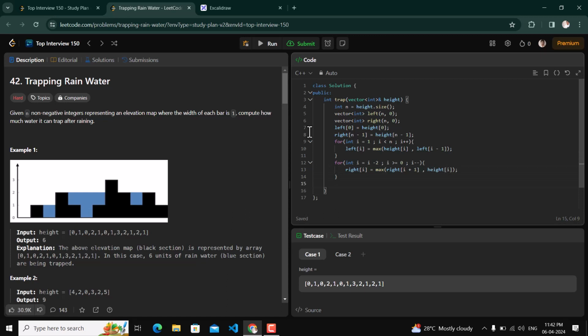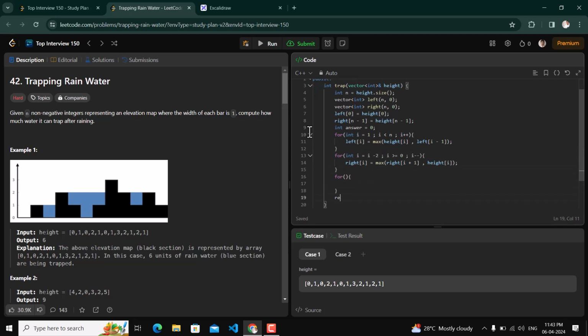Now we have the left maximum and right maximum for a particular column. What we need to do is take the minimum of these two, left maximum and right maximum, and then subtract the current height of the bar from it. So we will iterate, and we will have a sum variable, int answer is equal to 0, and we need to return this answer.